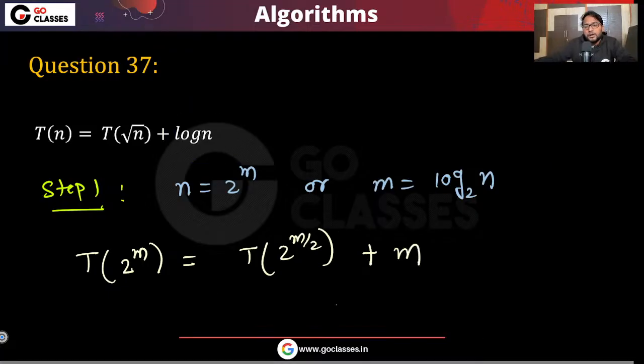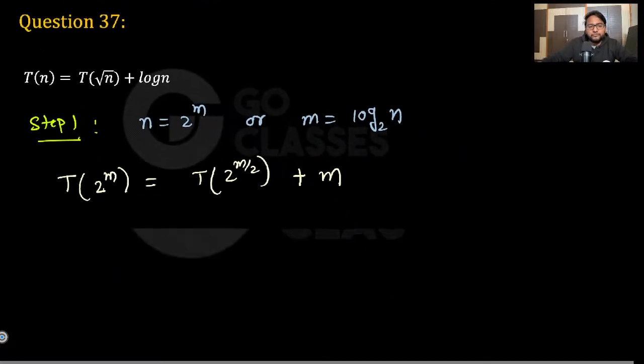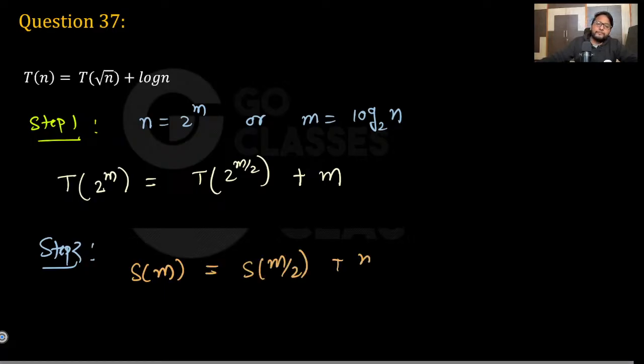Now step 2 says that you assume the function itself, which means we are going to say that this is going to be S of m. That is why this is going to be S of m by 2, and this is already m, right?